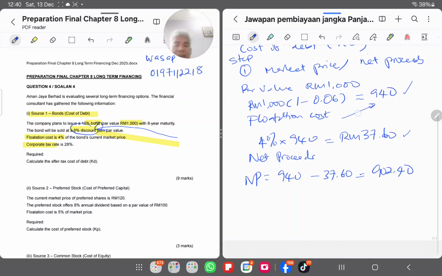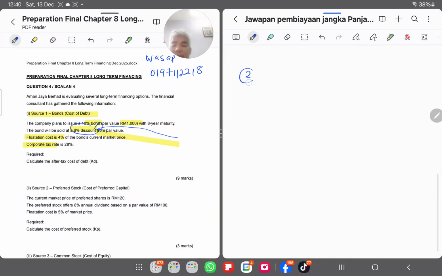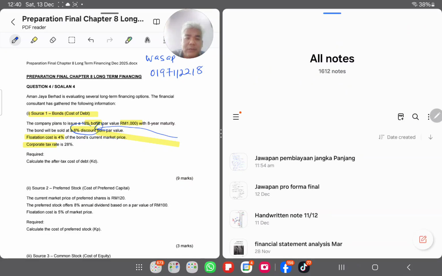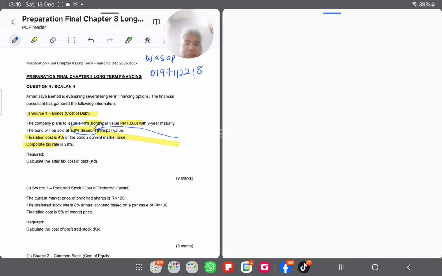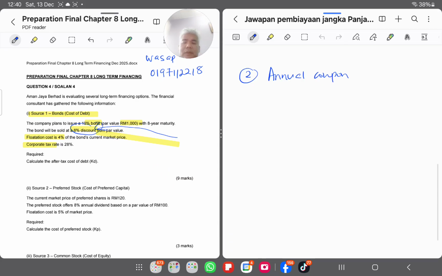This cost of debt has three steps. The second step is to calculate the annual coupon. The annual coupon refers to the 10%, the interest given to the investors.